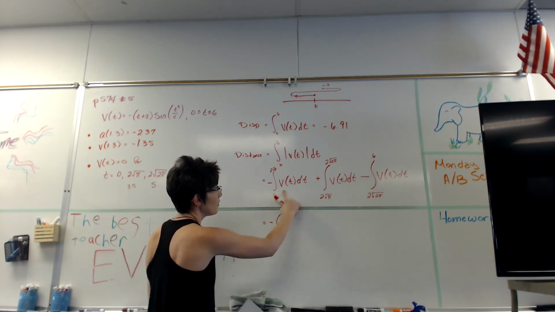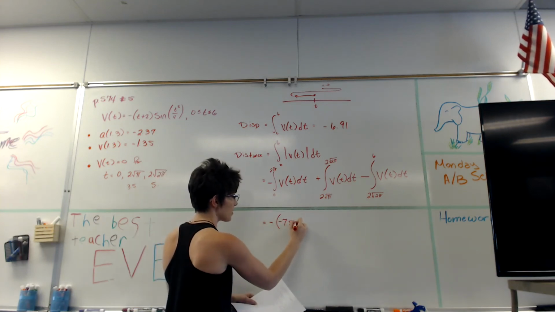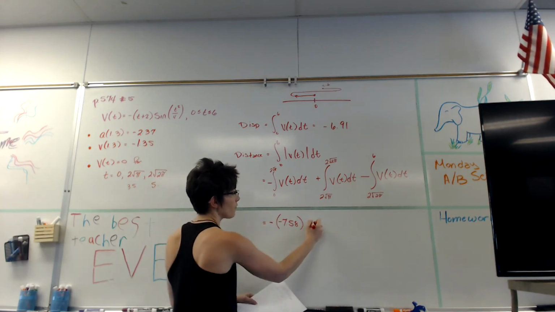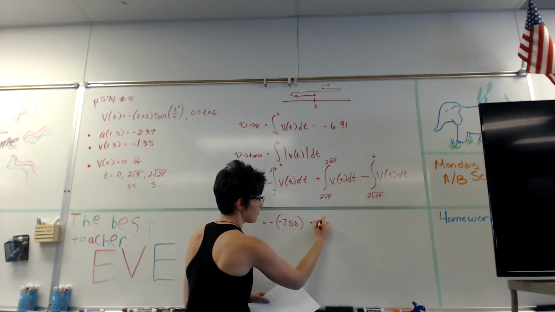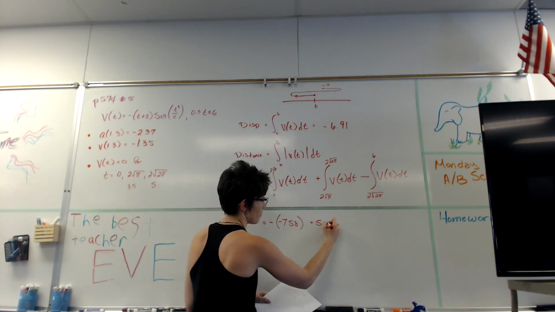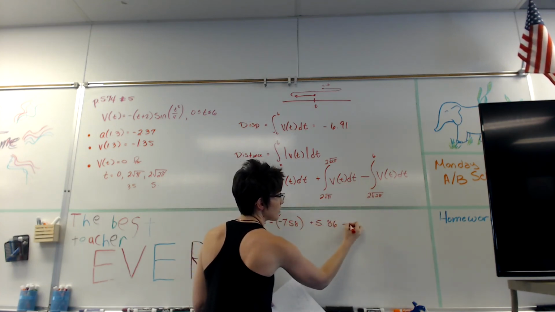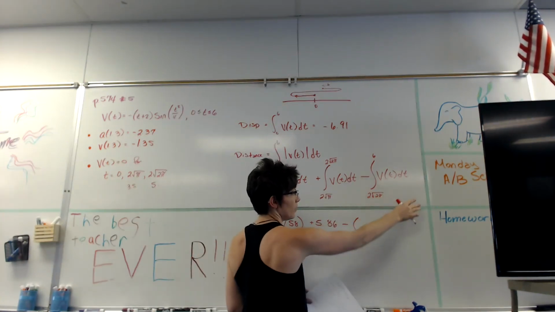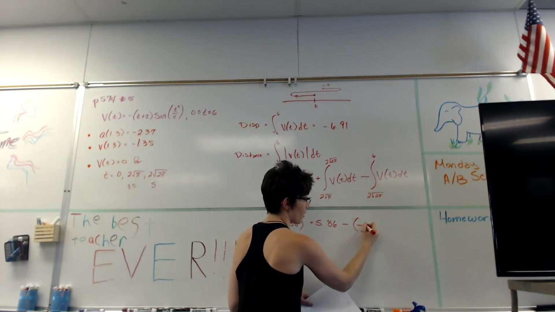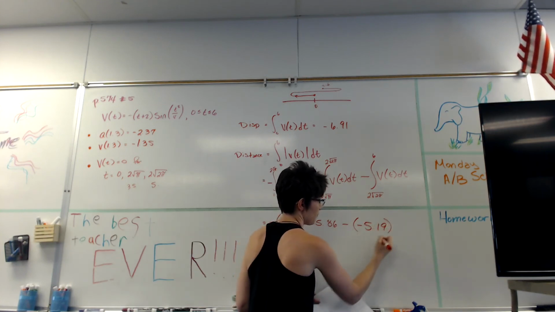The area under the curve here was negative 7.58. This next piece of area for that integral is 5.85 or 86. And then I'm going to subtract the last piece of area, which if you just put that into a calculator, you will get negative 5.19 or so.